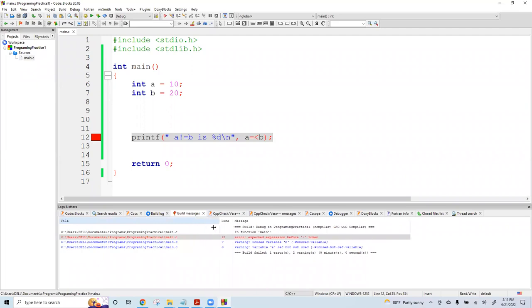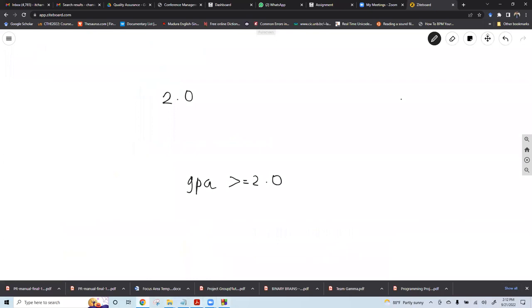You can see the file, this file, line 12. So these are line numbers, line 12. Then the message would be displayed. Error: expected expression before plus. There should be an expression here, not equals. It's not possible. Okay. Right.